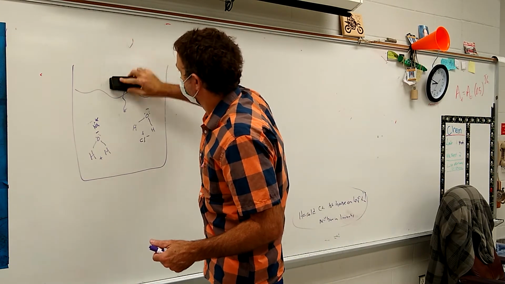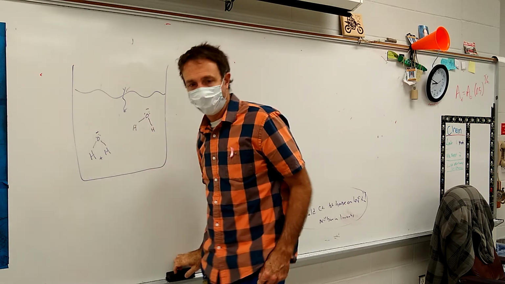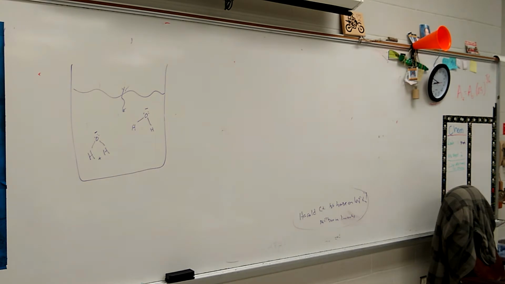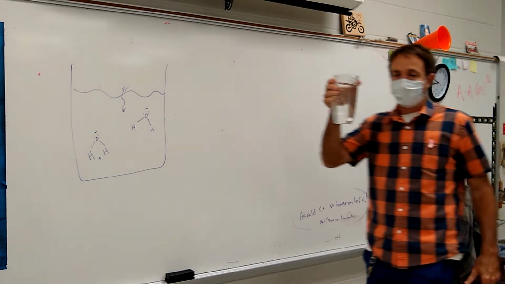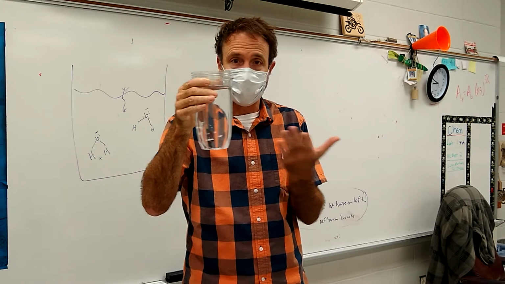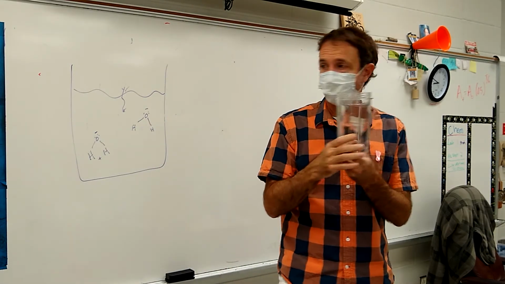Now, here's what's crazy. You think when you look at water that nothing's going on. And this is almost perfectly what I'm talking about. Here's a liter of water, and this water's been sitting here all weekend. So here's a liter of water at room temperature.